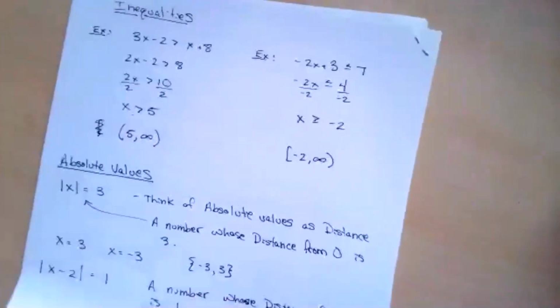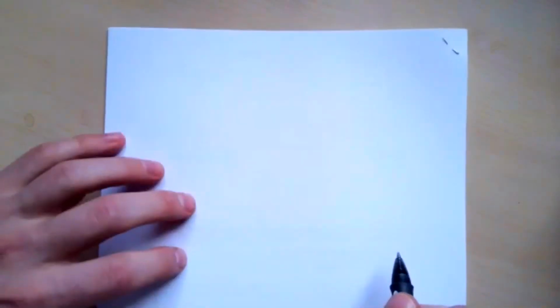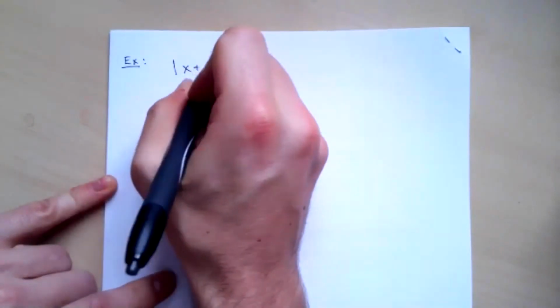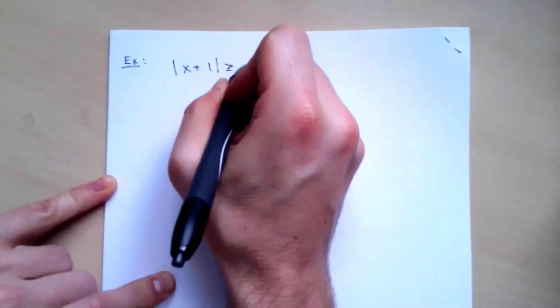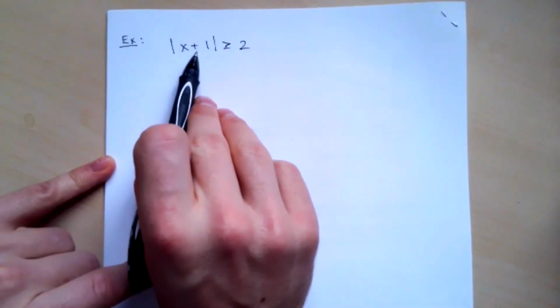What's going to happen when we throw in absolute values with inequalities? You can essentially read those inequalities as the same thing, except now we want a set of numbers whose distance from a specified number is either greater than or less than a given distance. So for example, if I have absolute value of x plus 1 is greater than or equal to, let's say, 2. Note that the sign here is a plus.